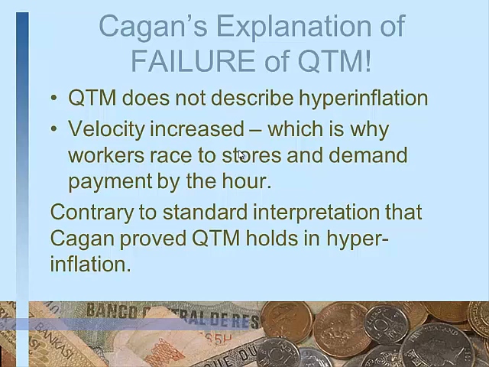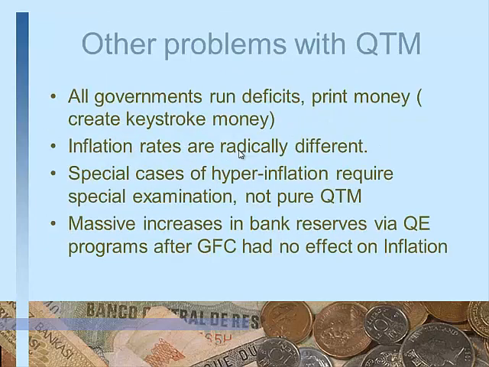So Cagan's paper, which is said to be a proof of quantity theory, actually is an explanation of why quantity theory failed in the hyperinflation, and he tries to explain how the velocity kept increasing so as to make the quantity theory equation work out.